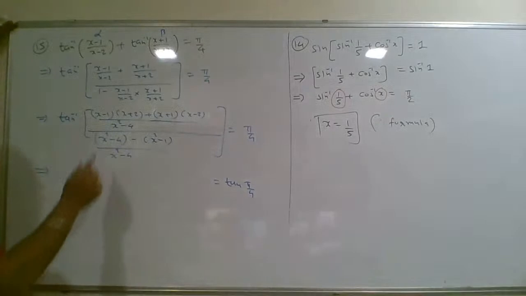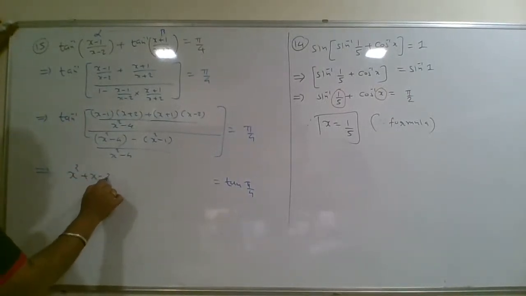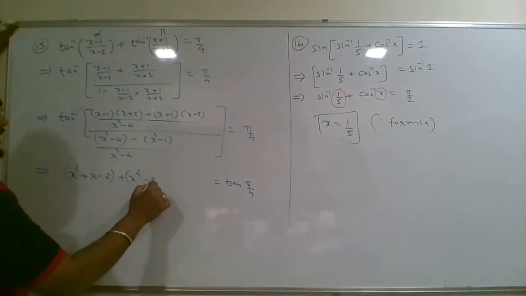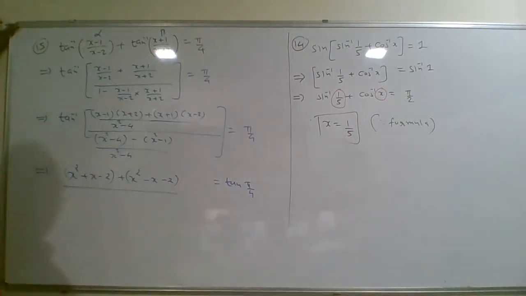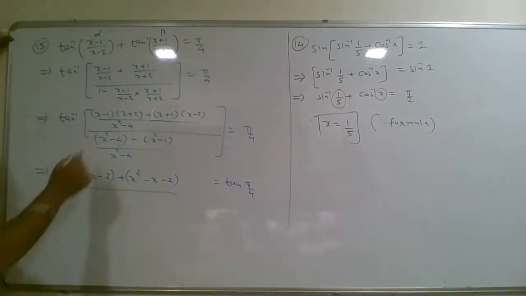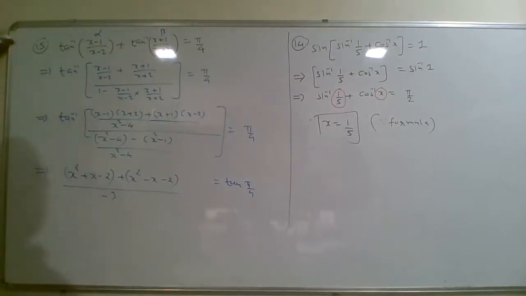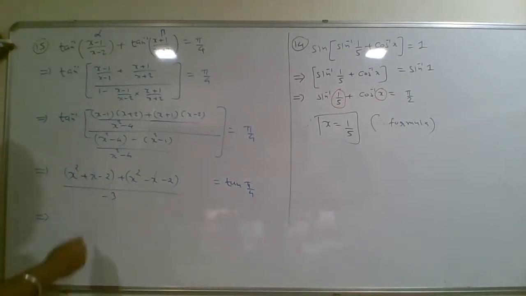And here simplify this, open the bracket. x square plus x minus 2 plus x square minus x minus 2 whole divided by, open the bracket here, x square, x cancel, minus 4 plus 1 is minus 3. So now plus x minus x cancel.